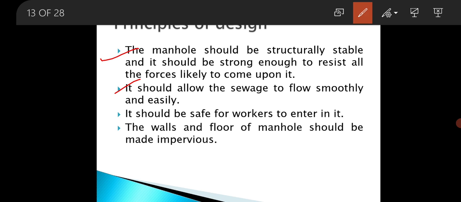Third one is it should be safe for the workers who are entering into it for the maintenance, inspection or cleaning work. Fourth one is the walls and floor of the manhole should be made impervious, and the inside surface of the wall should be coated with cement plaster.